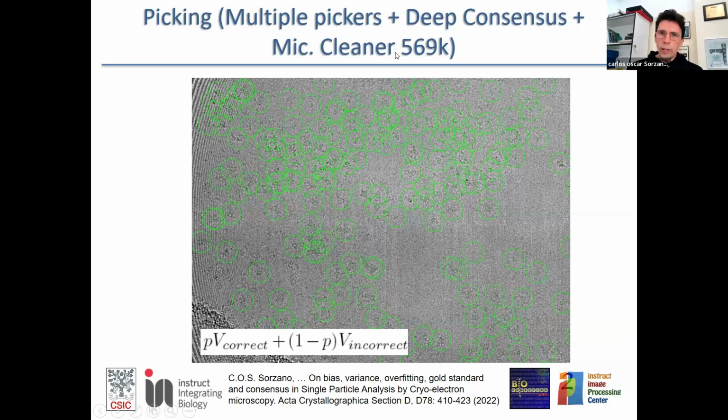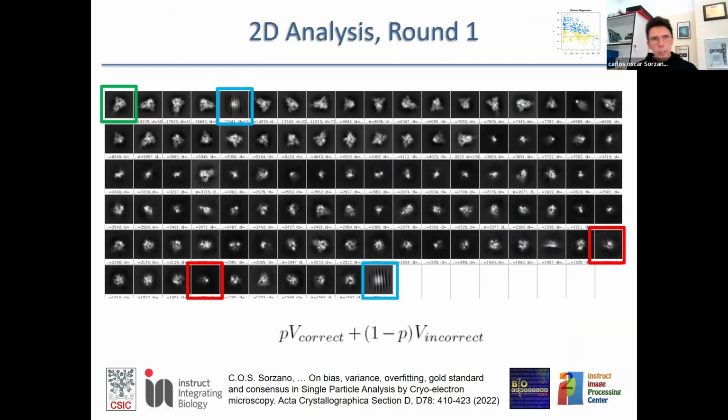So all the algorithms have false positives, false negatives, they have incorrect estimates, and no matter how complicated your algorithm is, you are never free from this kind of errors. So you try to make the fraction as small as possible, but making it zero is a very hard task. So now you take your particles and you try to combine all those that look similar.